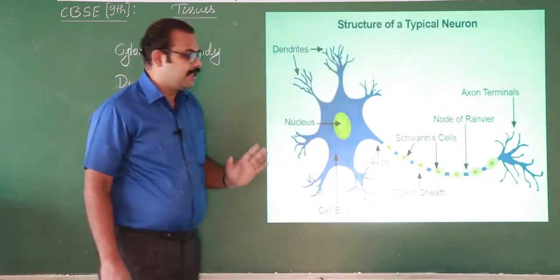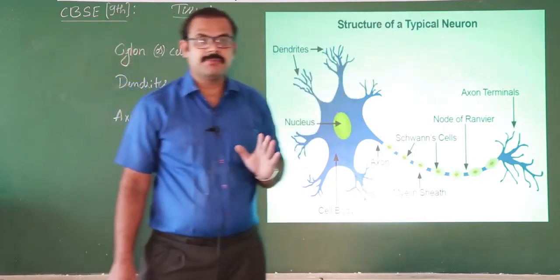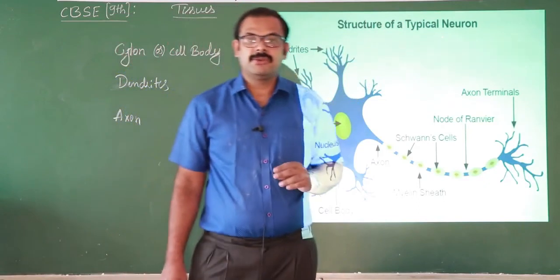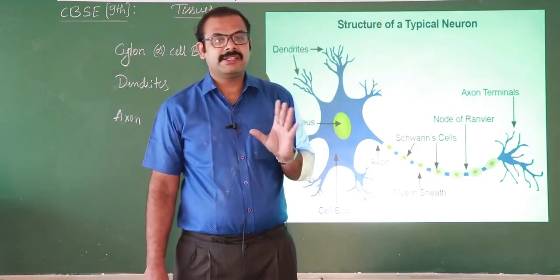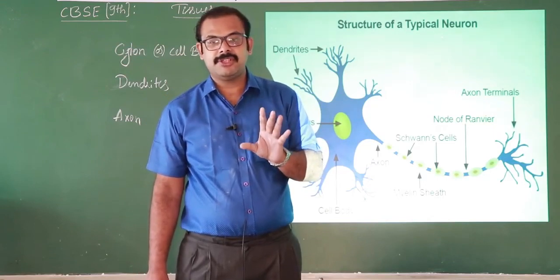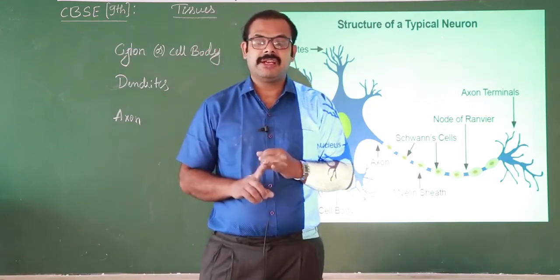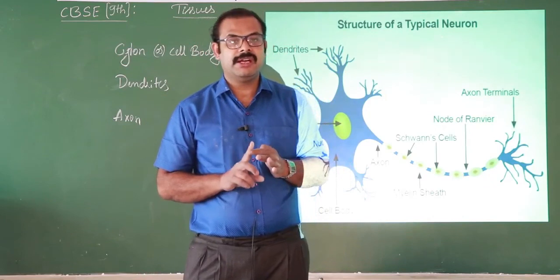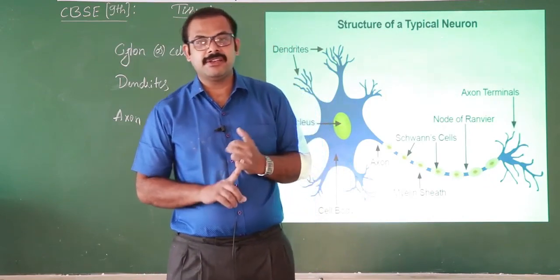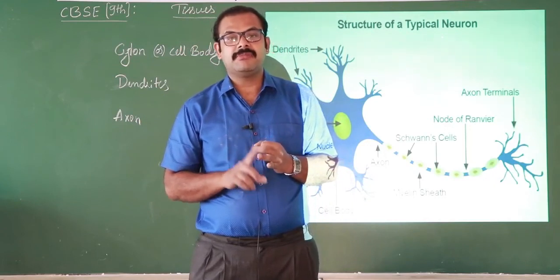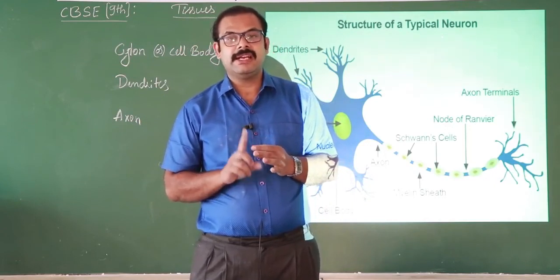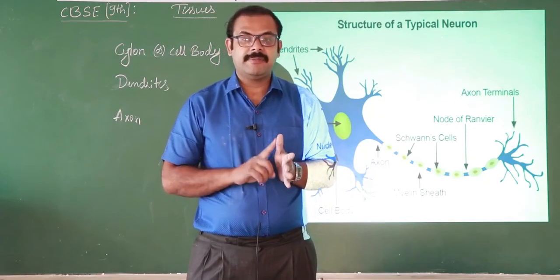So this is about the different types of animal tissue present in the body. Whatever we discussed in the class, we discussed mainly four different types of tissues: epithelial tissue, connective tissue, muscular tissue and nervous tissue. In epithelial tissue we discussed squamous, columnar, cuboidal, ciliated, glandular and stratified epithelial tissue.